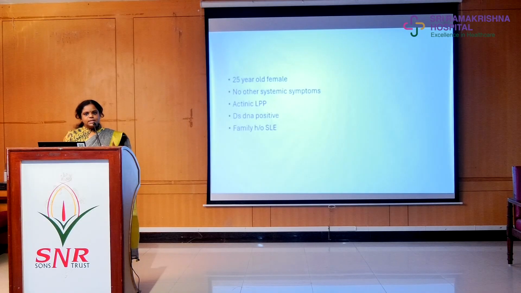Usually lichen planus pigmentosus is asymptomatic. It was very limited initially and was treated for 1 month with topical immunomodulators and topical steroids, but it was not responding to treatment, and her sister has systemic lupus erythematosus. So we did ANA and ANA profile, and dsDNA came positive.